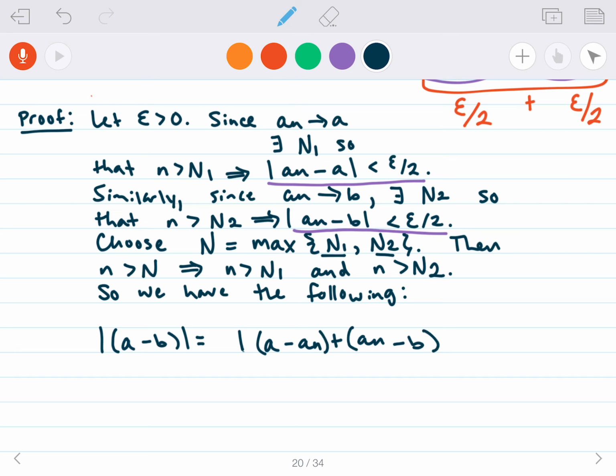Okay, so that equals that, just by being sneaky. And so by the triangle inequality, this is going to be less than or equal to the sum of the absolute values of the terms.